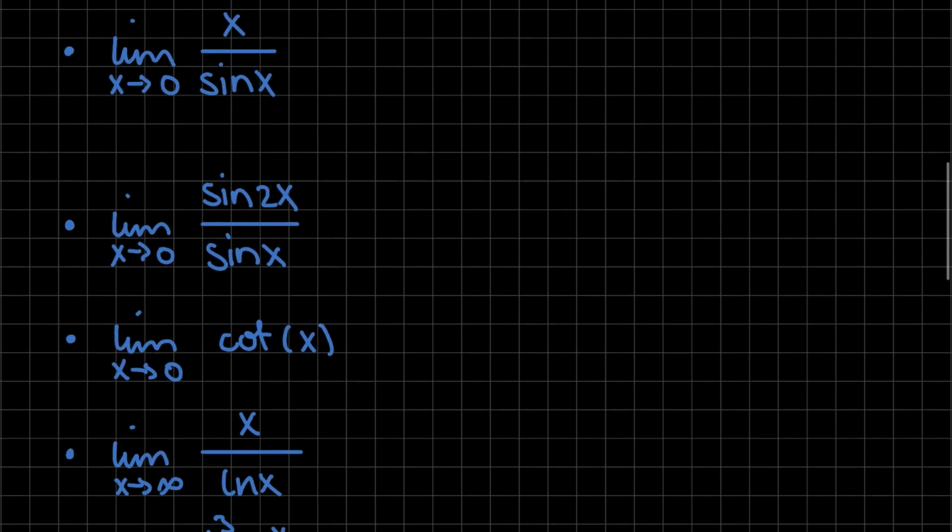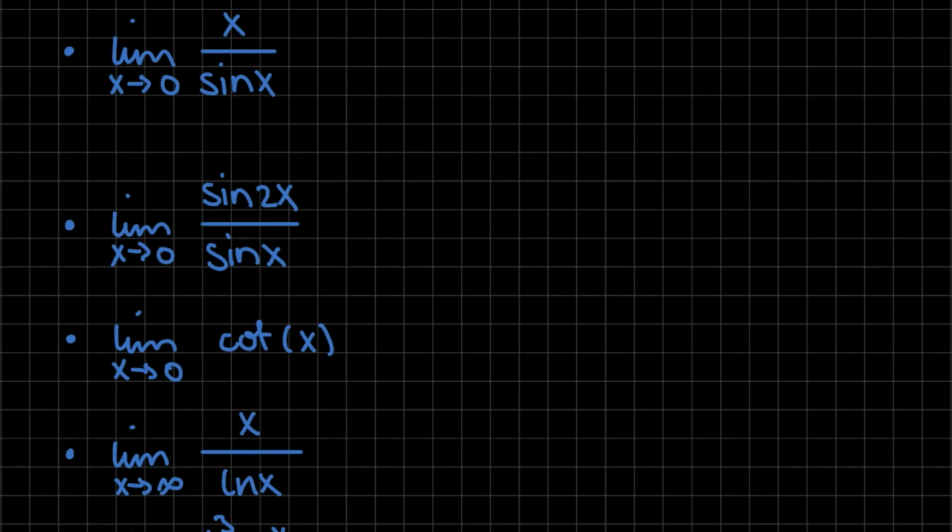Okay, now we have the limit as x tends to 0 of x over sine of x. So we notice that this is really close to the trigonometric limit, except that the trigonometric limit has sine of x over x, and here we have the reciprocal.